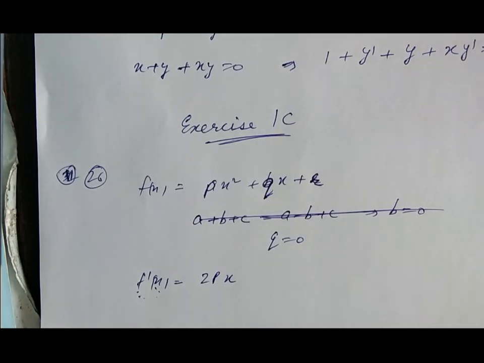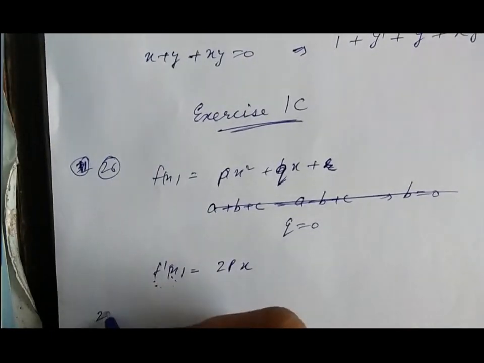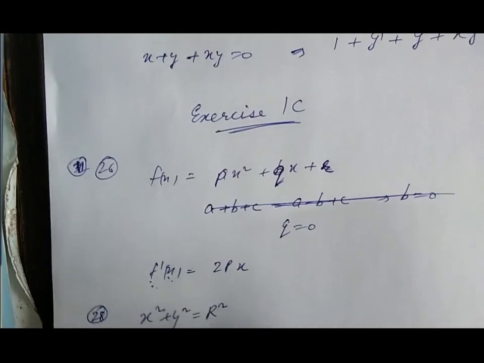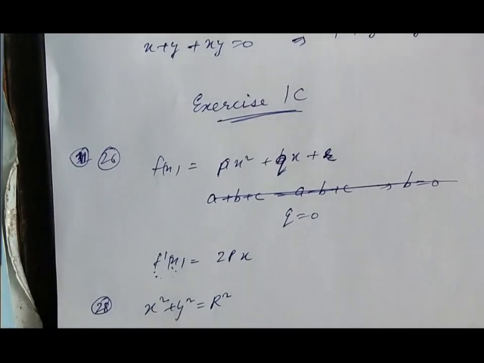So we are given x square plus y square is equal to r square, and we need to calculate the value of k. So from the expression it is very clear that we need to calculate till y double dash. So we need to differentiate the equation 2 times in a row.